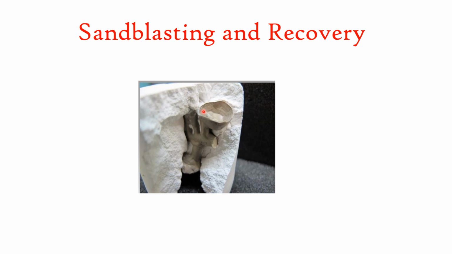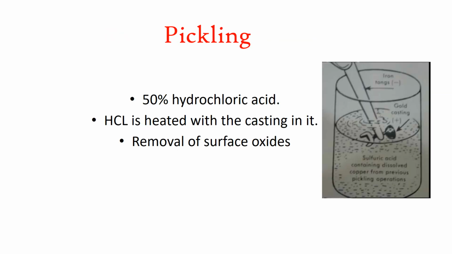You now have only your casting. The investment material has also been removed. Now you're left with just this casting part. The next step is pickling. You have to use 50% hydrochloric acid, and you have to dip your casting into that 50% heated hydrochloric acid. Remember, this hydrochloric acid is not boiled, it is simply heated.